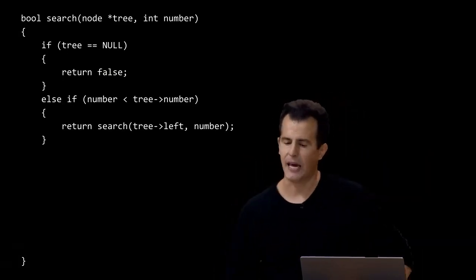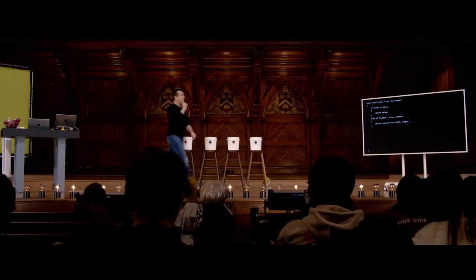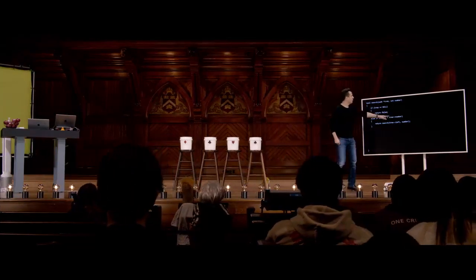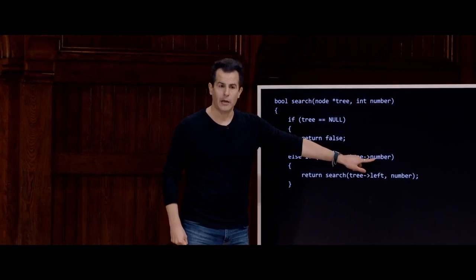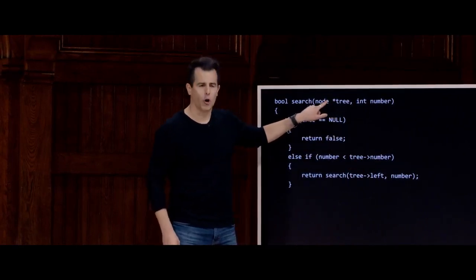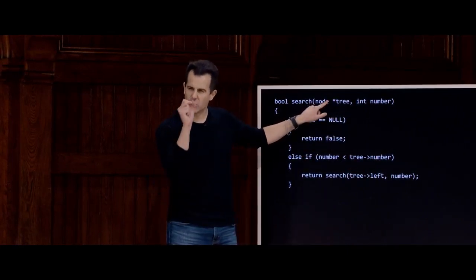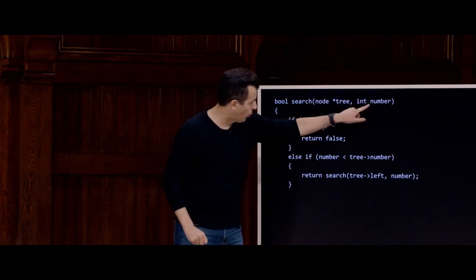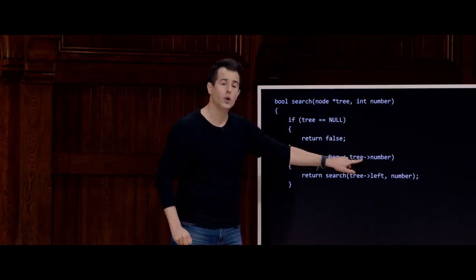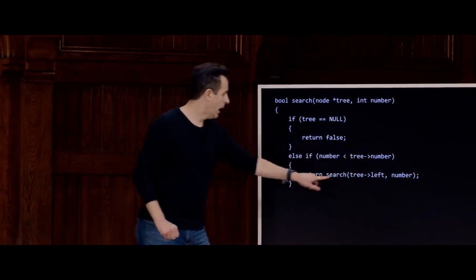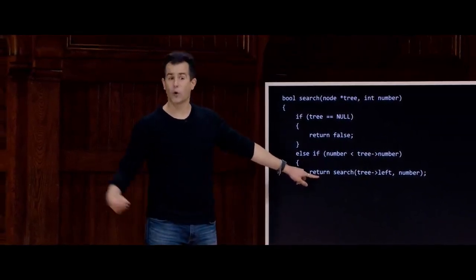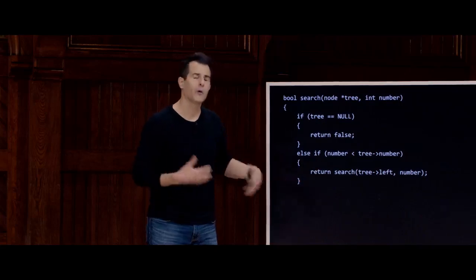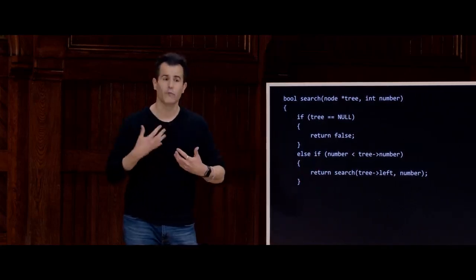Well, what else might be the case? Well, if the number I'm looking for is less than the tree's own number. And now recall that tree is a node star. So even though I'm calling it a tree, it's really the current node that's been passed in. So if the number I'm looking for is less than the current node's number, then I must know that the number I'm looking for is to the left, so to speak. So how can I solve that? Well, this is where the magic of recursion comes in.